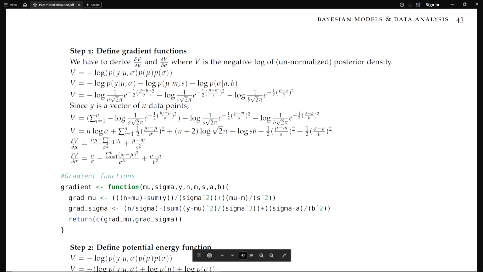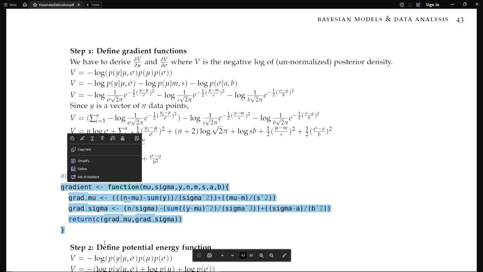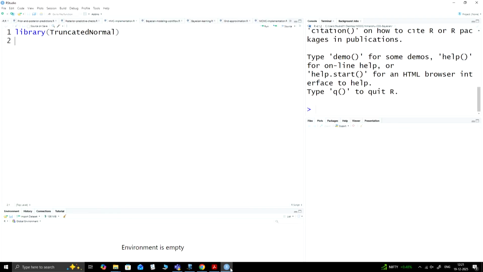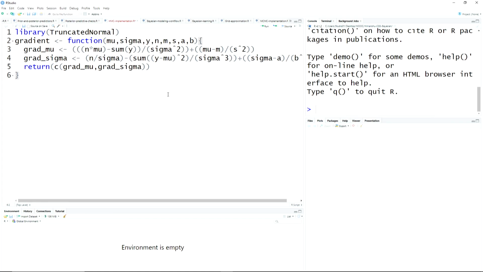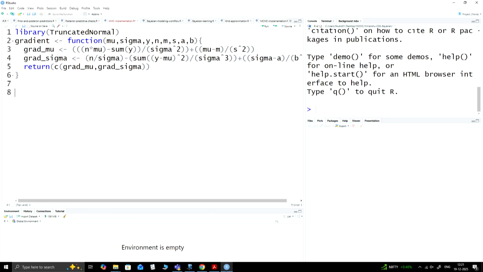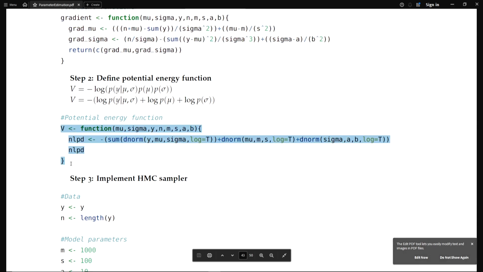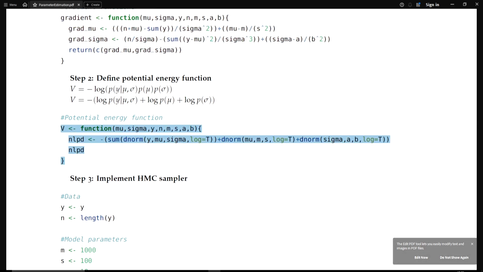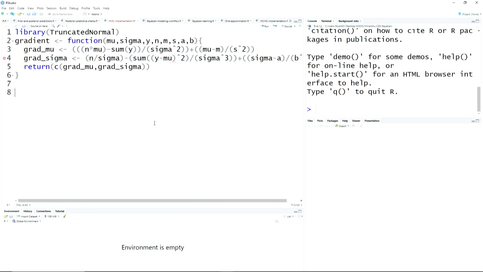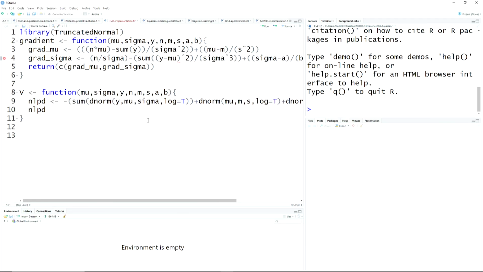I will just copy paste the gradient function for this particular example of normal distribution. The gradient function is given by this, and the potential energy function is given by this. Okay. Now, let us implement the HMC sampler.